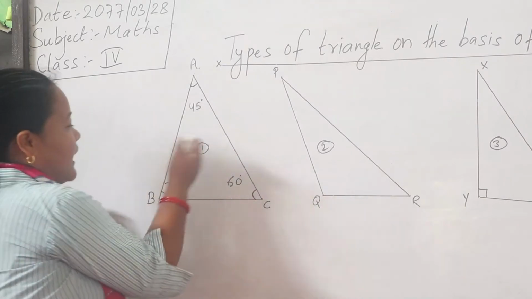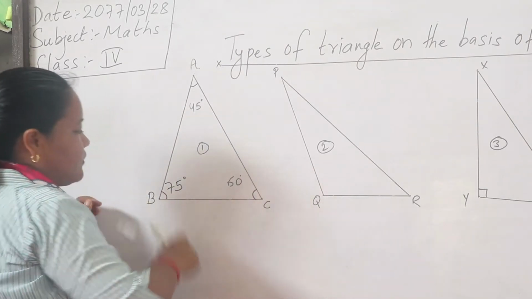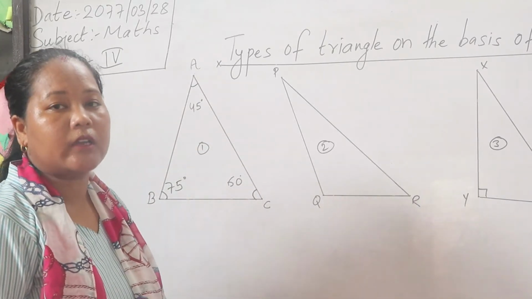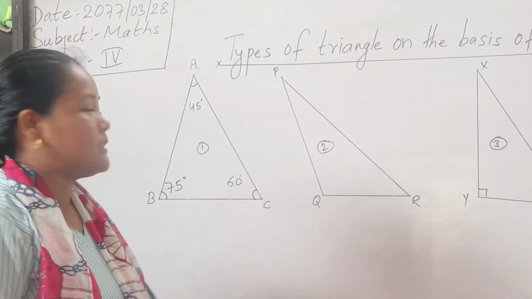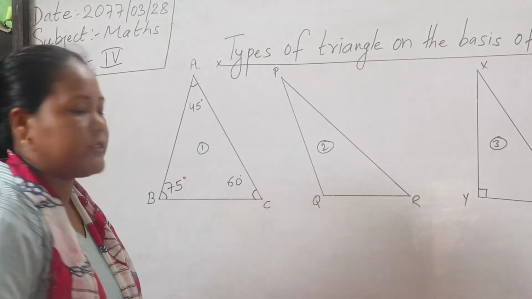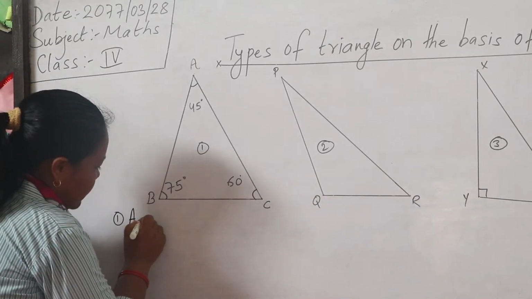With the help of that, we see here 45 degrees acute angle, 75 degrees acute angle, and 60 degrees also acute angle. Then we can say this triangle is an acute angle triangle. Okay, first triangle is an acute angle triangle.